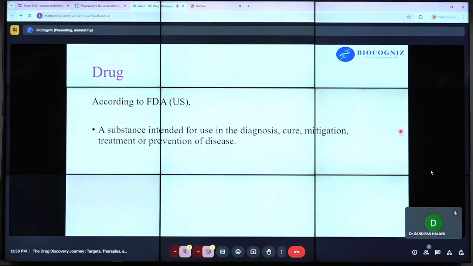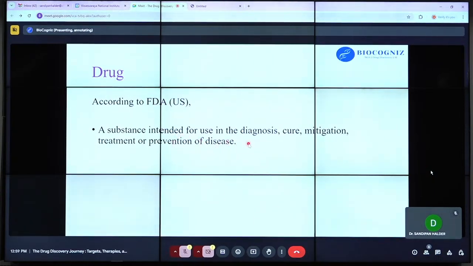Okay, so we're all talking about drugs, so we should also know what a drug means. There are a lot of definitions. If you just Google, you will get a lot of definitions for a drug. But according to the US FDA, a drug is a substance intended for use in the diagnosis and cure, which is where we are majorly focusing, and also to mitigate the effect, so reduce it, or for treatment, and sometimes for prognosis also, as a preventive method.